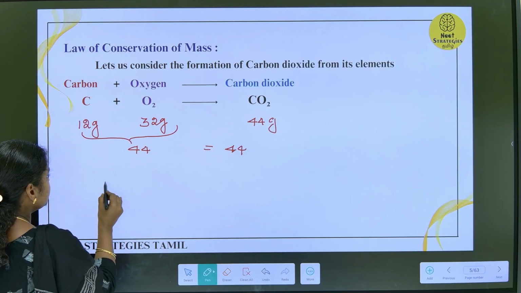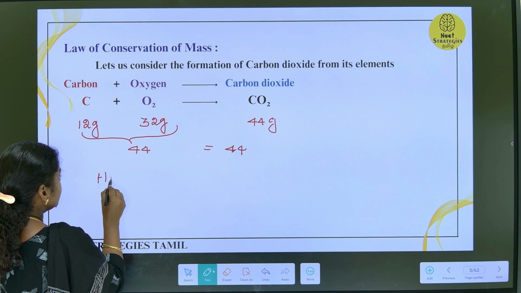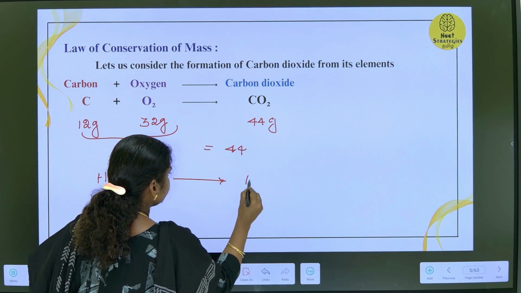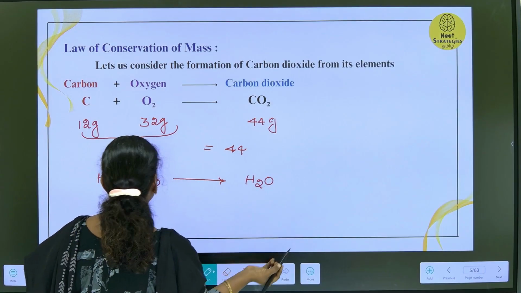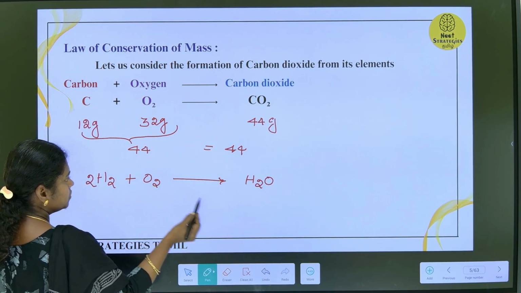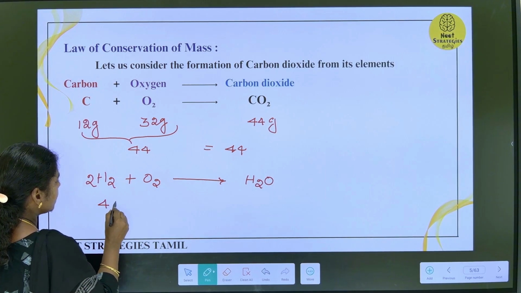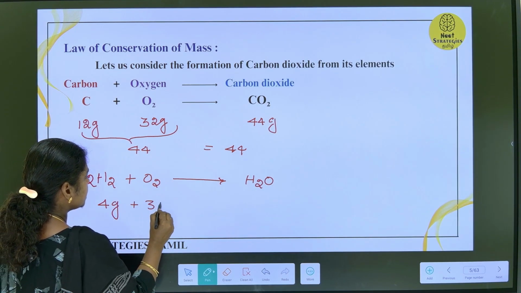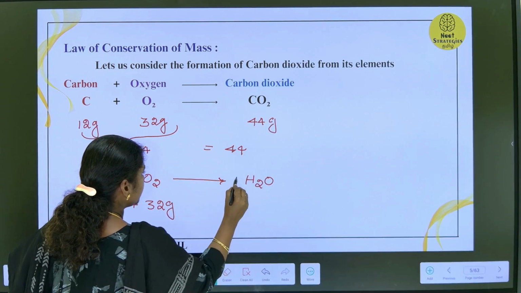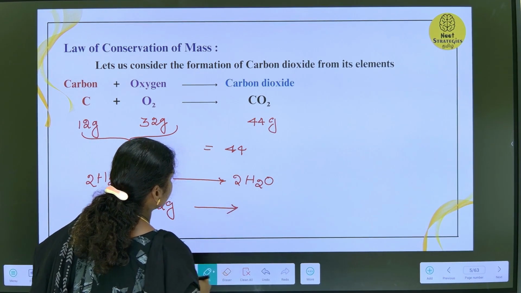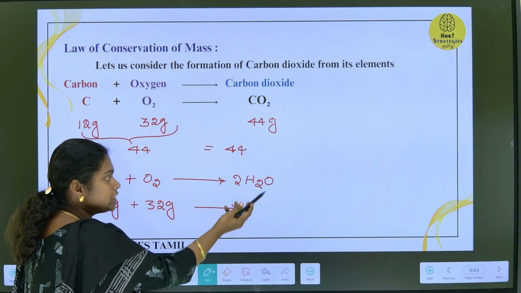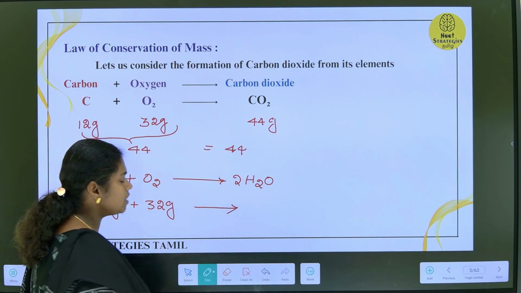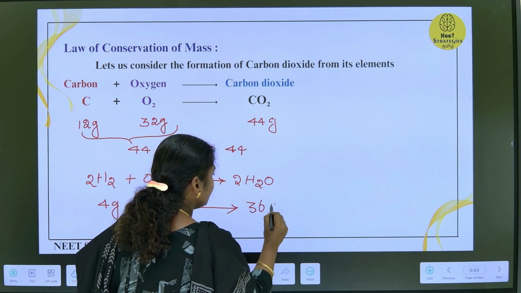For example, hydrogen combines with oxygen to form water. Write the balanced equation: 4 gram of hydrogen combines with 32 gram of oxygen to produce 2 water molecules; the mass of water is 18, so there are 36 gram of water.